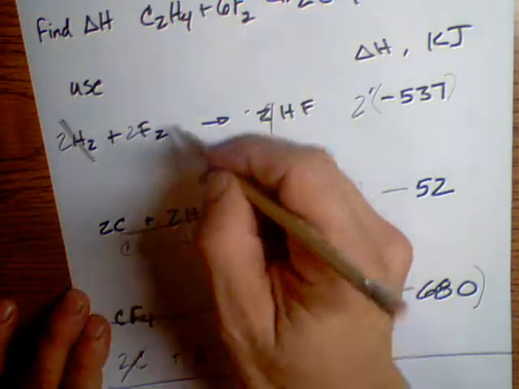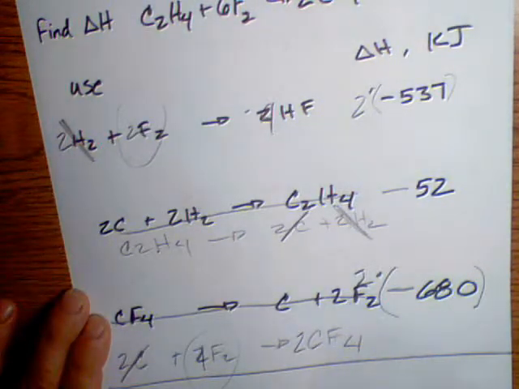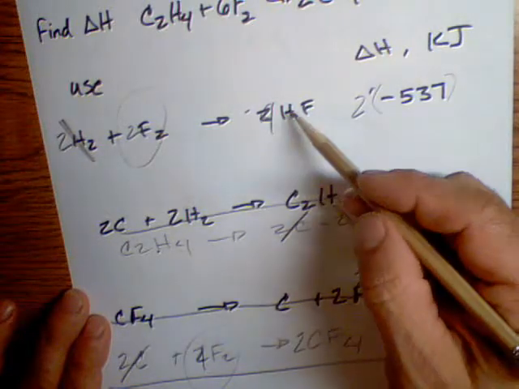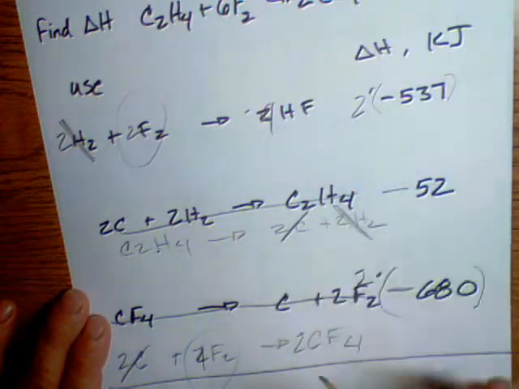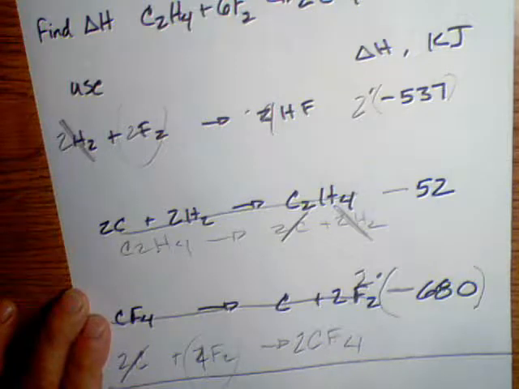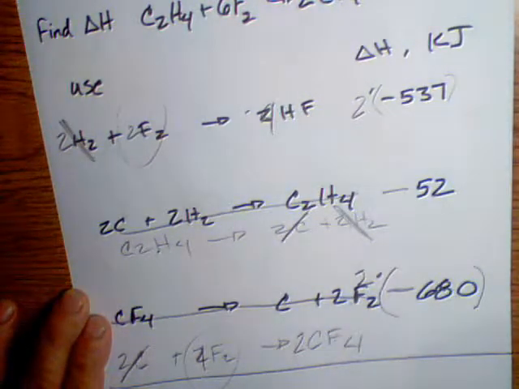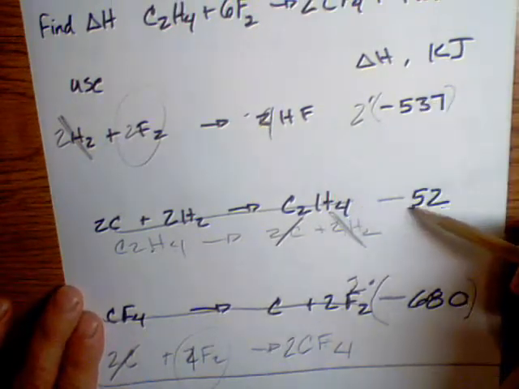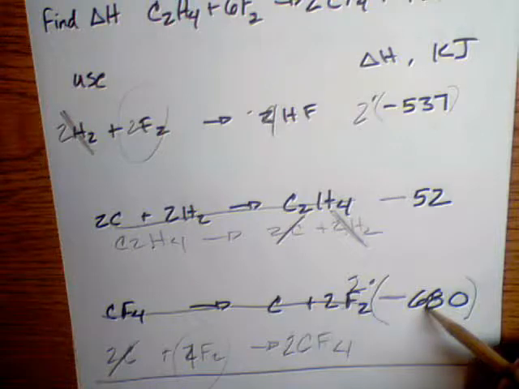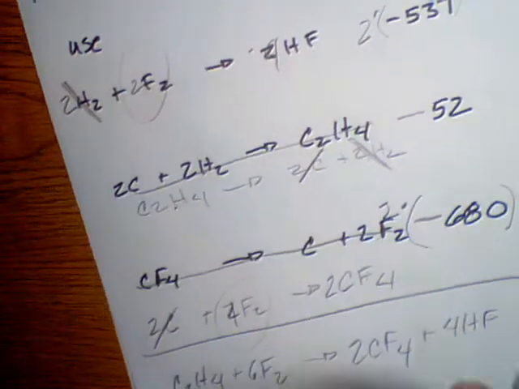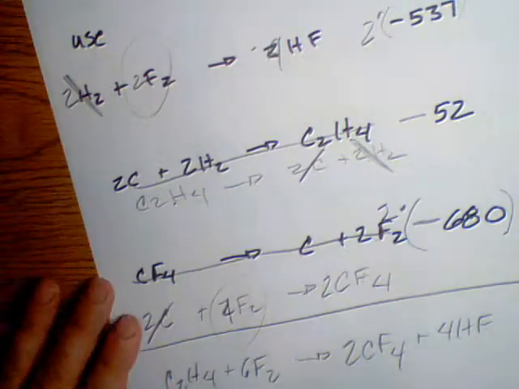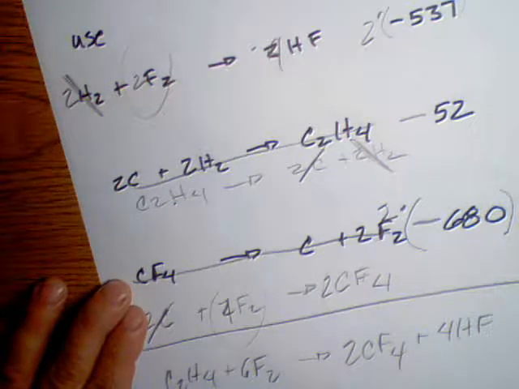All I did was add these two together. And we have the 2 CF4s from here, right? And then we just bring this down, 4HF.